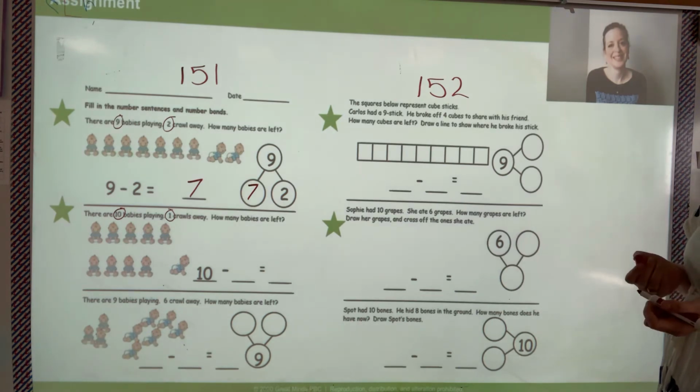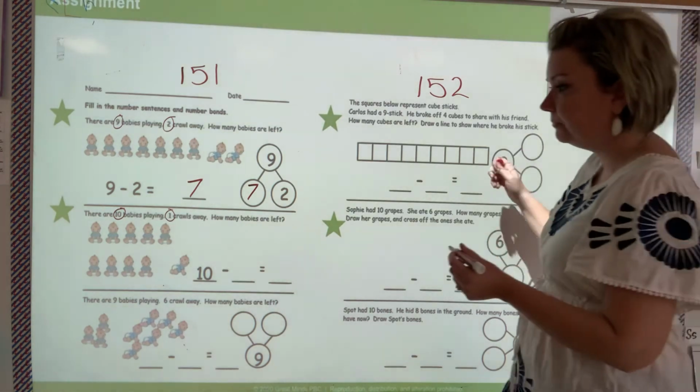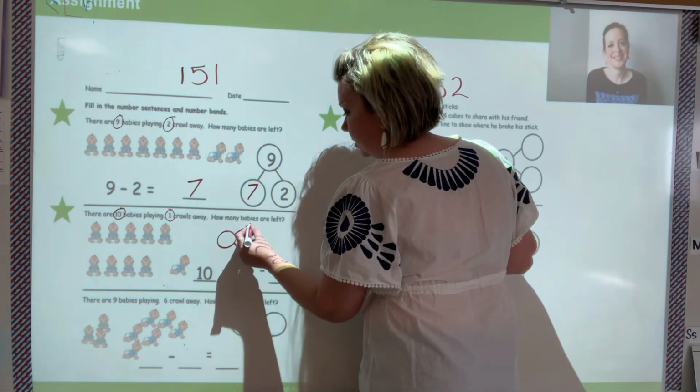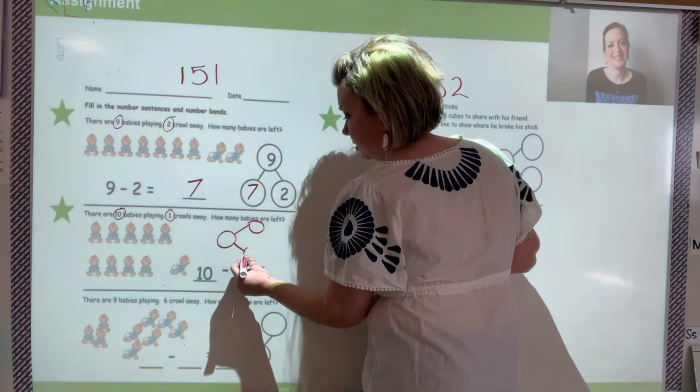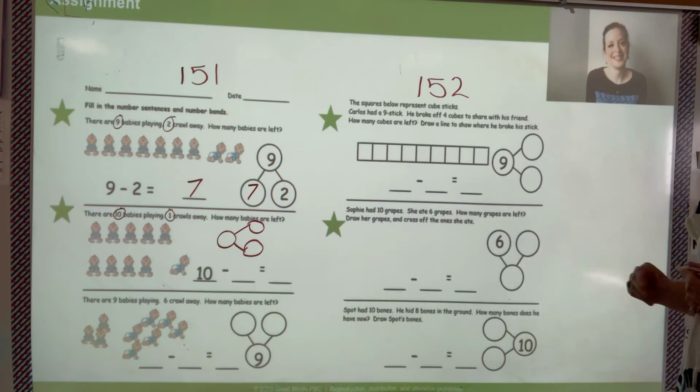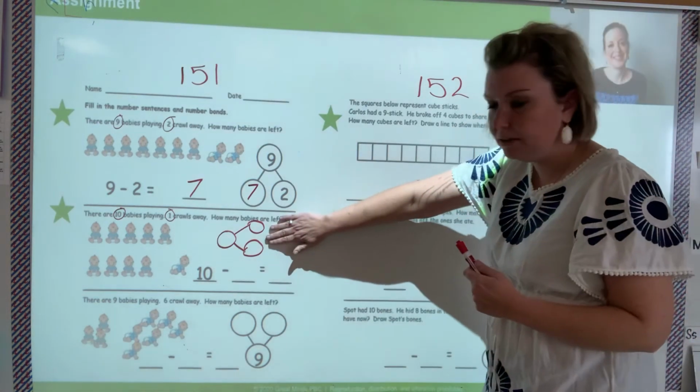Well, we need to make our own number bonds. I think I'm going to make mine like this with the 2 arms. And our number sentence. Who can help me? How do I fill in my number bond?